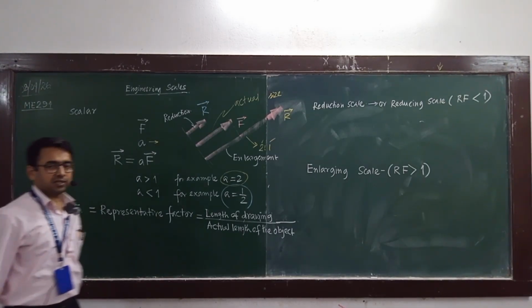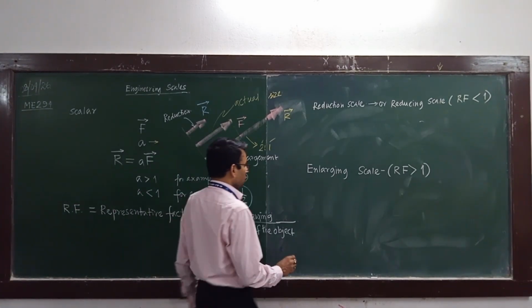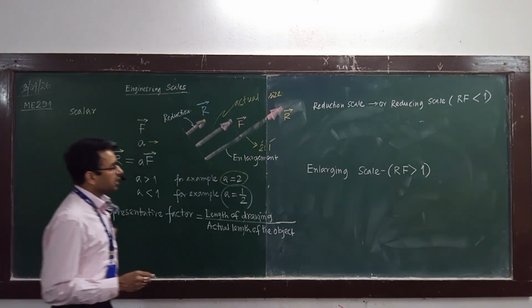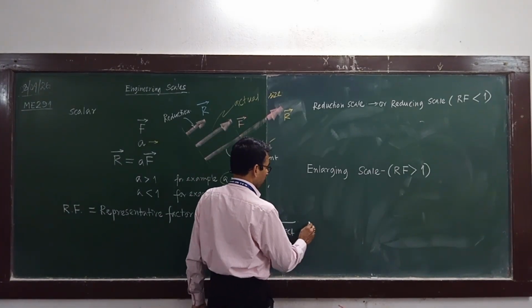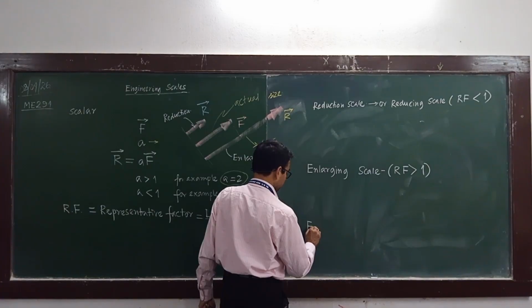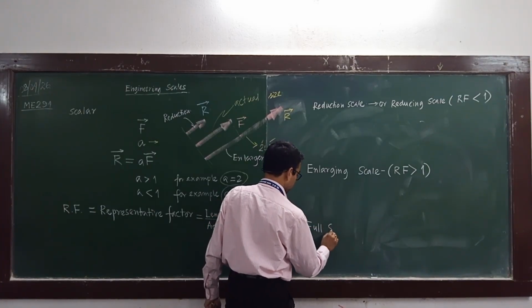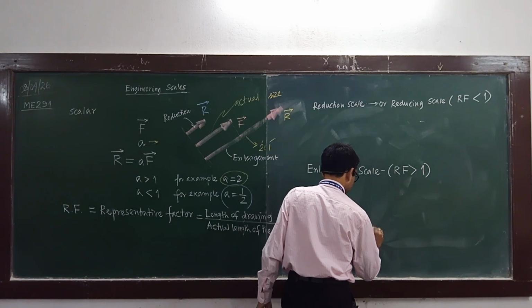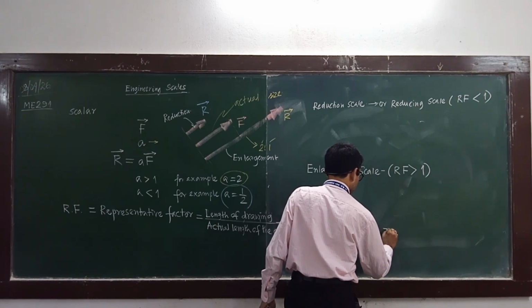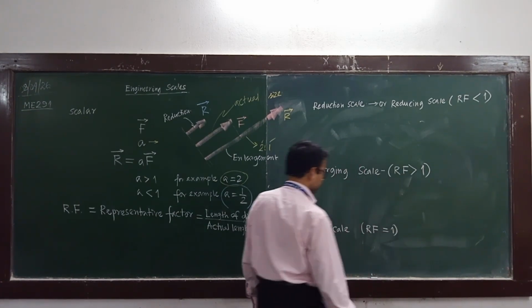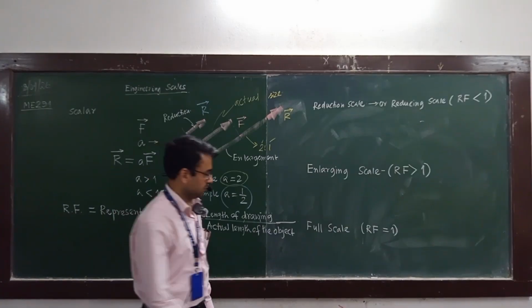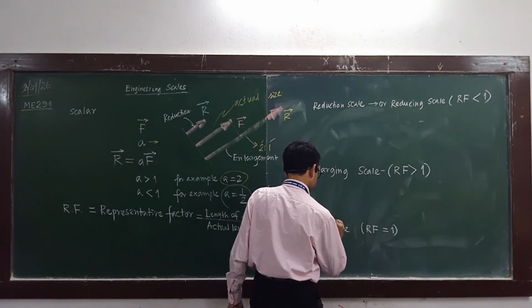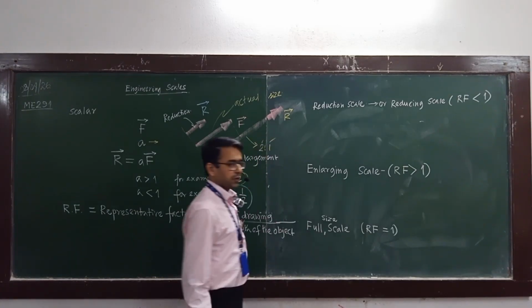And when RF is equal to 1, we call it full scale, or full size scale.